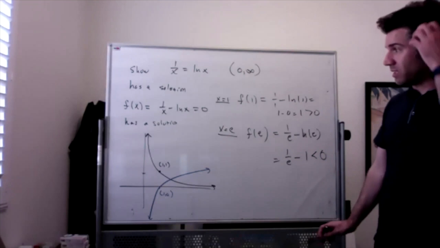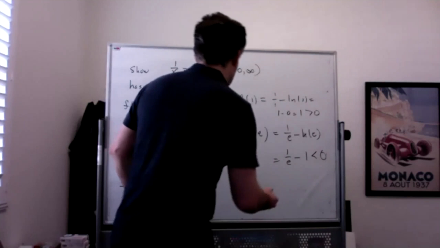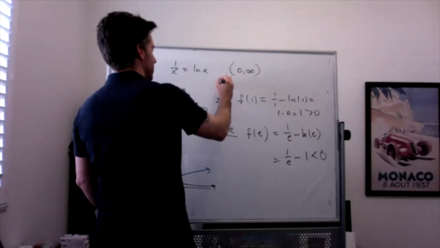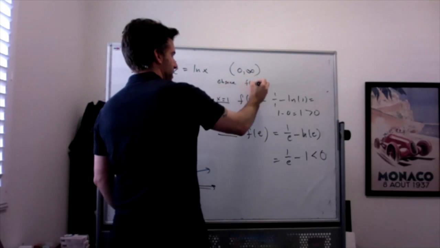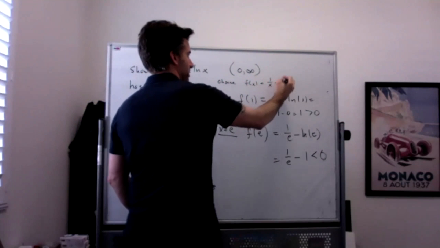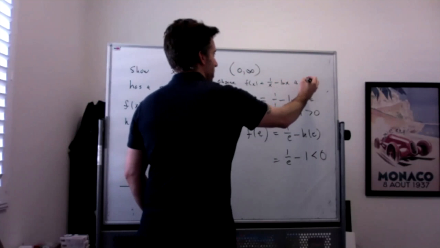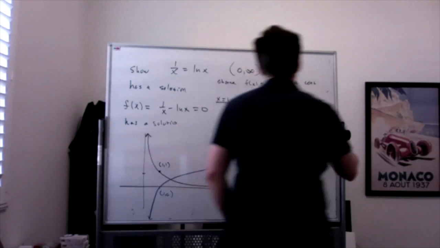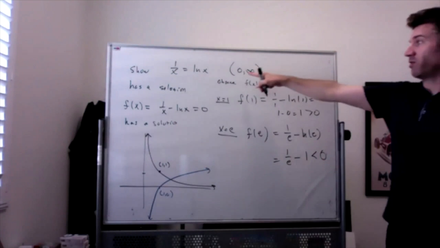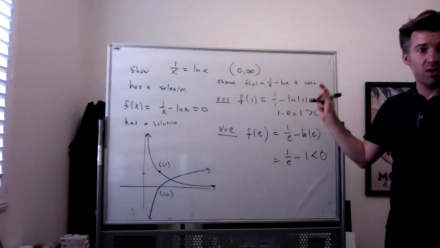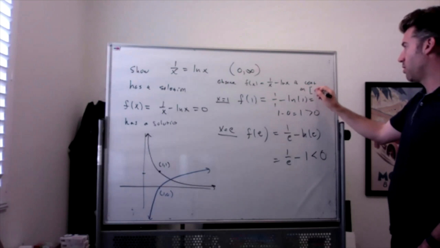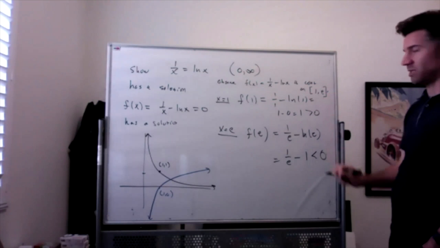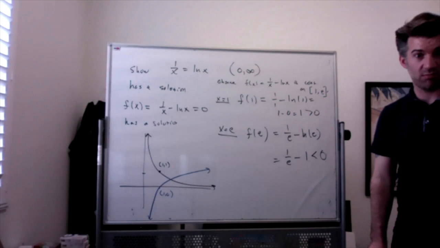And there we have it. We can say, okay, I should observe. So first observe that f of x equal to 1 over x minus natural log of x is continuous. You could either say on the interval from 0 to infinity, or you could go smaller and say on the interval from 1 to e, since those are the endpoints we need to pick.